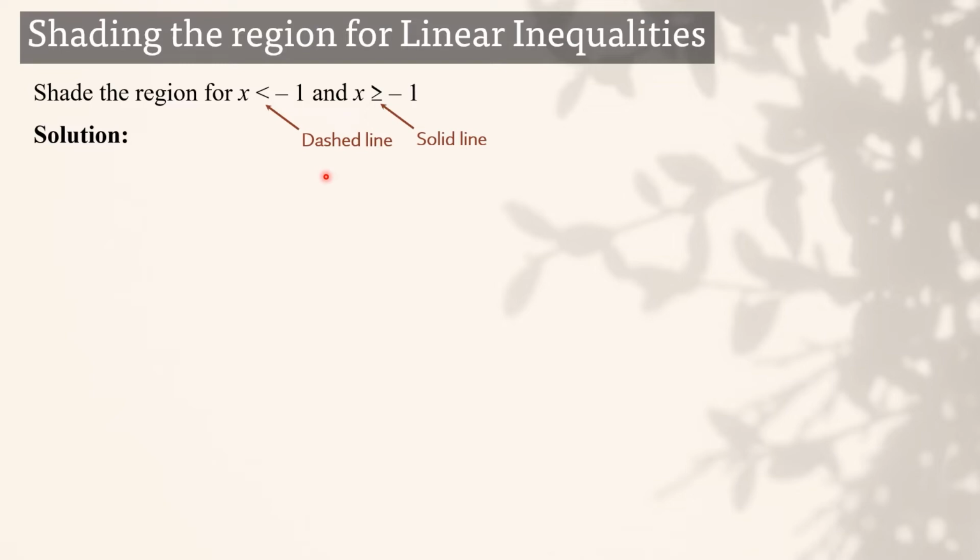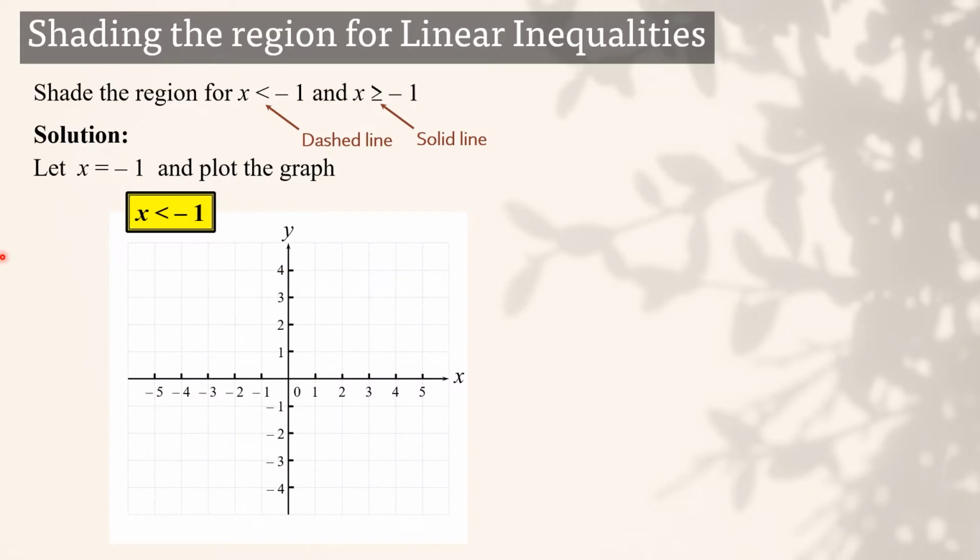Next, we try to plot the graph. So what we do here is we let x equals to -1 and plot the graph. As we learned before, when x is equals to -1, it means that a vertical straight line is going to cross the x-axis at -1.